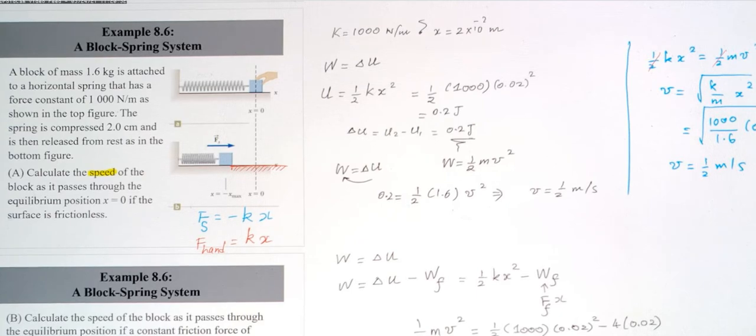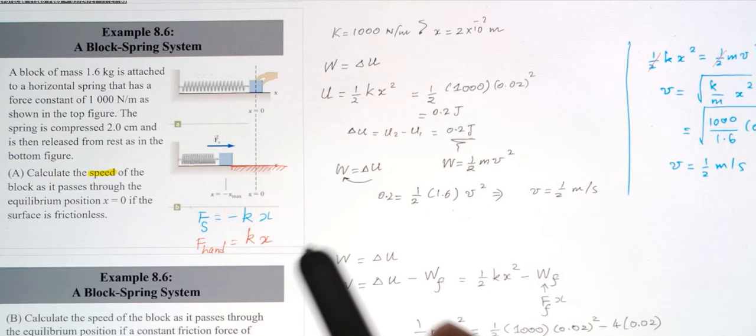For me this is an easier approach. We are talking about the same thing. The change in kinetic energy plus the change in potential energy is equal to 0, because they are conservative forces. Yeah, but I don't get the same idea from the approach you just used. Well, let me explain.